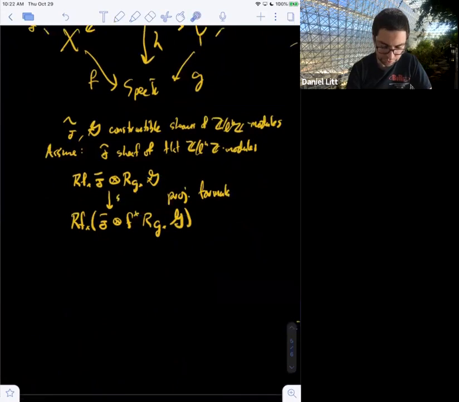Here we're using the assumption that F is flat, or we have to put an L here, which won't affect the argument at all. So what does the projection formula let us do? It says if we're taking the cohomology of F tensored with something pulled back from the base, then we can just pull that thing out.